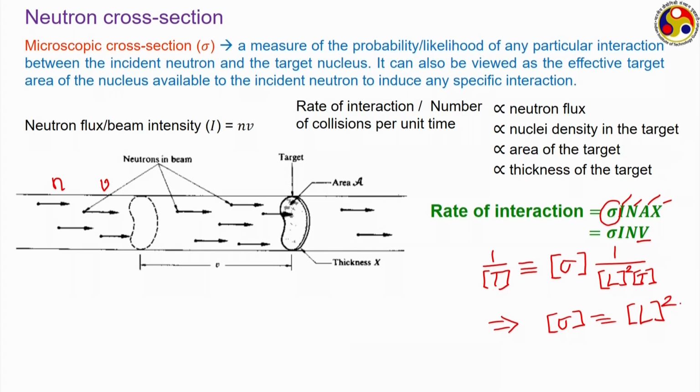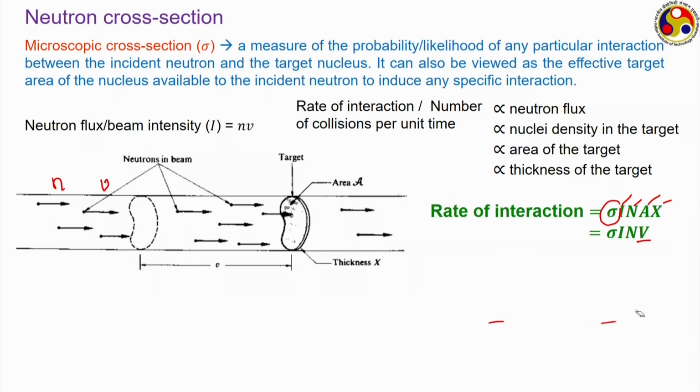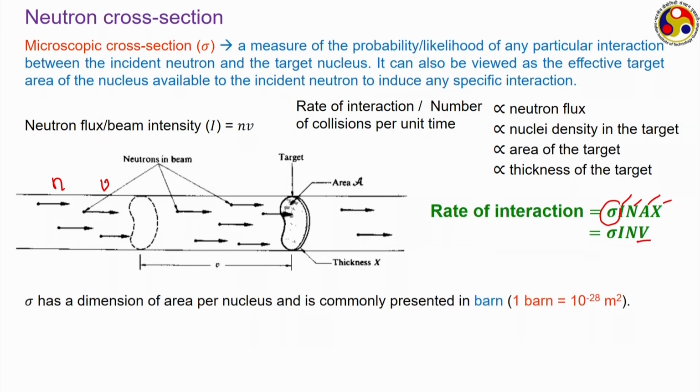That means the microscopic cross section has a dimension of area only, and that is actually the reason we call it a cross section, because commonly the term cross section refers to an area. So its dimension is also area per unit nucleus, and commonly it is represented by something called Barn, where 1 Barn is 10 to the minus 28 meter square.